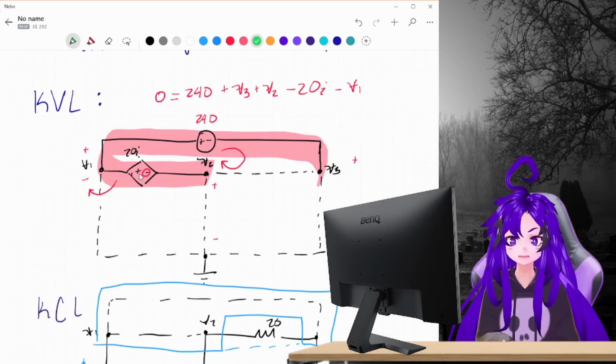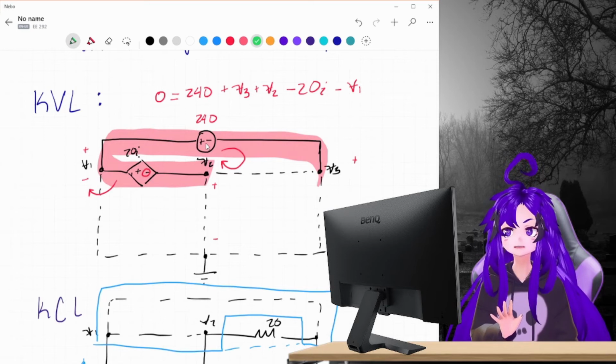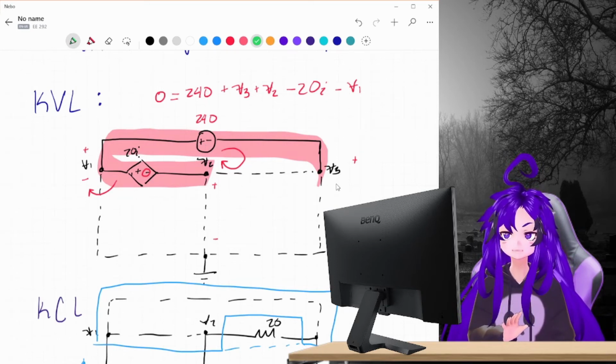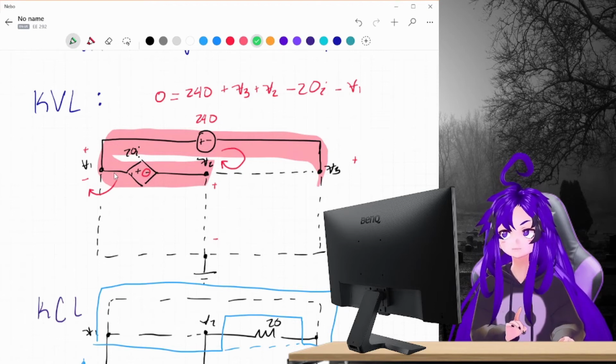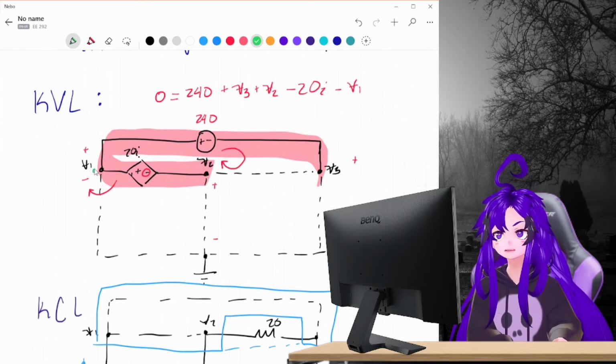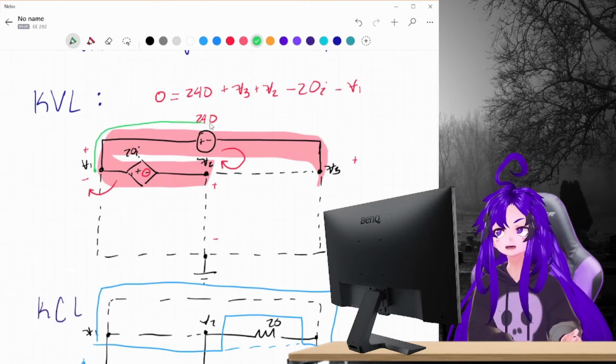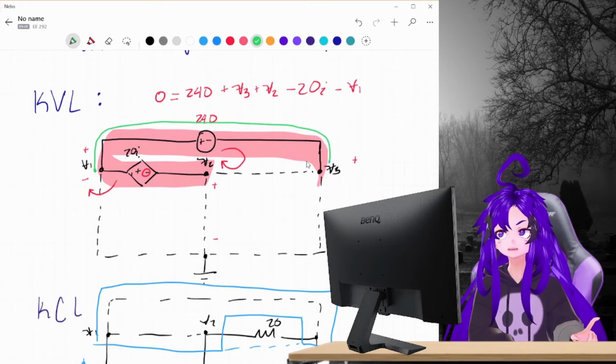One is current controlled, yes, but it's still a voltage source. So we're going to break these off and write 1 loop for each voltage source. So we're gonna start here and snake around this way and snake around here and pretend that there's nothing else underneath it.